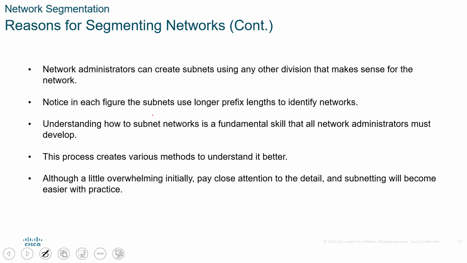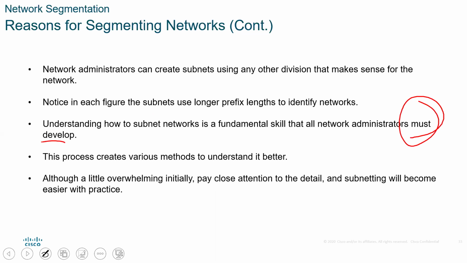Network administrators can create subnets using any other division that makes sense for that particular network. And the most important thing is that the network administrator knows what he or she is doing. So understanding how to subnet a network is a fundamental skill that all network administrators must develop.